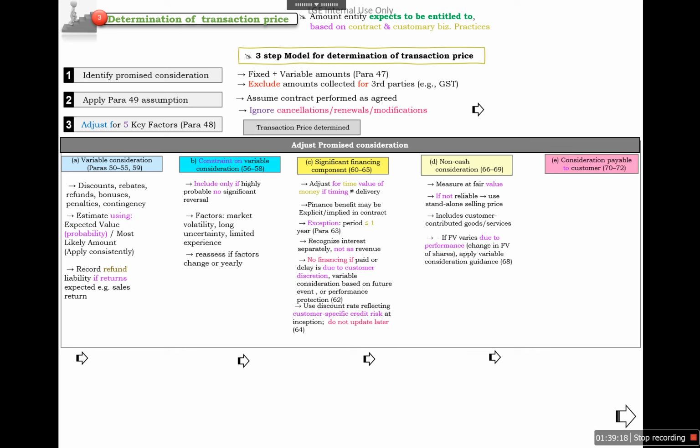Next is consideration payable to the customers. So if there are cases where cash, coupons, credits, paybacks are provided, we need to reduce the revenue in these cases, because these cases are separate performance obligations.